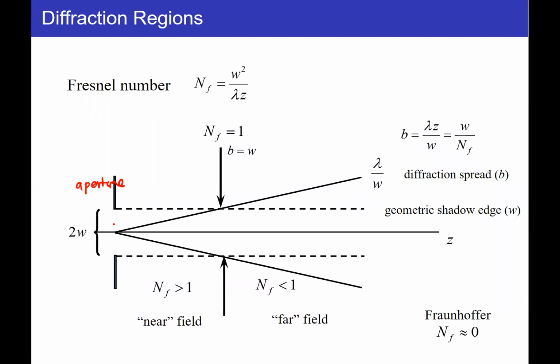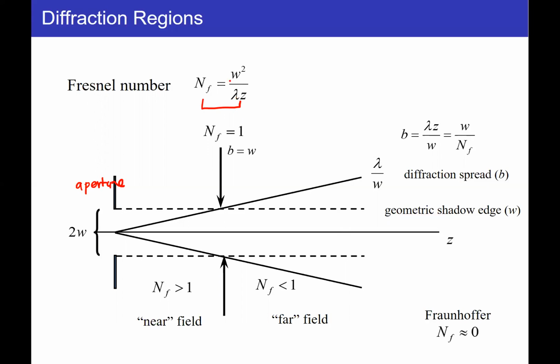And by diffraction, it is going to spread out. It is going to spread out. So we have already defined the Fresnel number. Fresnel number is a kind of measure of how we are going to describe the diffraction in terms of near field or far field.